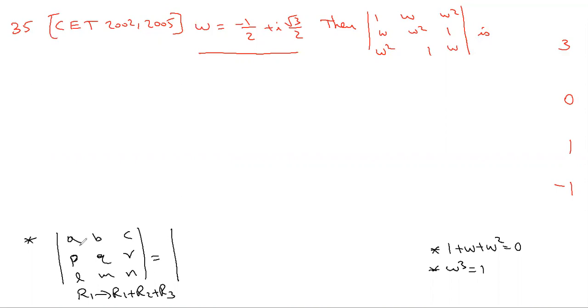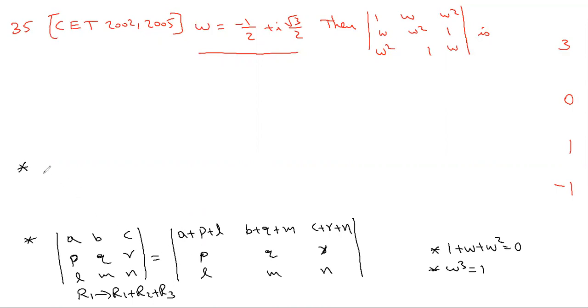So R1 is added with R2 and R3 corresponding elements. So A plus P plus L, B plus Q plus M, C plus R plus N, and the rows P, Q, R and L, M, N. These two determinants will be equal. That's the property. How it is and all those we'll learn later. But this is the property that you just need to know.